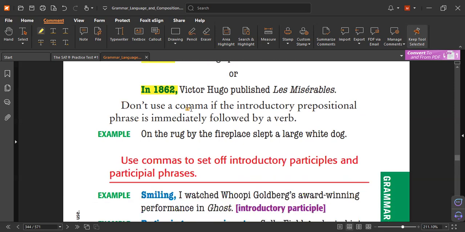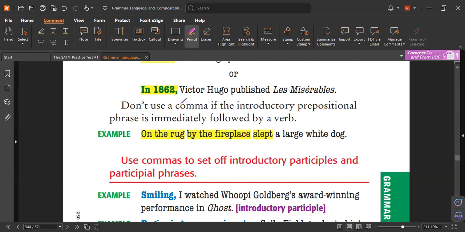Another rule: do not use a comma if the introductory prepositional phrase is immediately followed by a verb. For example, on the rock, by the fireplace, slept. Remember this point, very, very important.